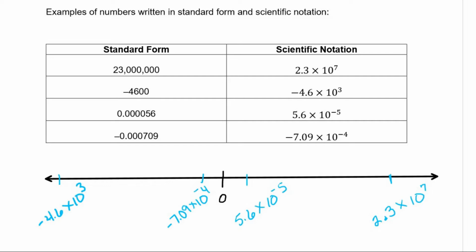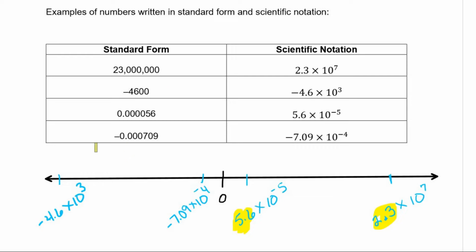I've plotted these four numbers on a number line. You can see that my number line is not exactly to scale, but what I want you to see is that the numbers that are to the right of 0 are always going to have the first part of the scientific notation being positive. Like right here I have positive 5.6, positive 2.3.